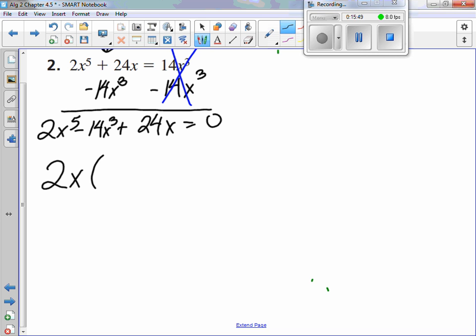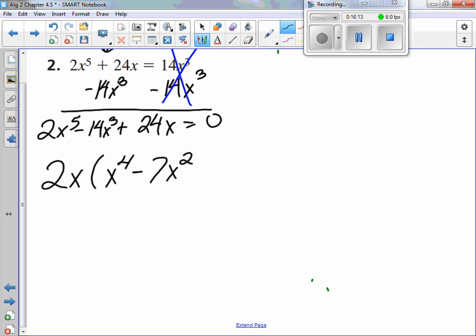Now, if we factor 2x out of 2x to the 5th, we get not 2, but it would just be x to the 4th. Because we can take 1x out of x to the 5th. And 2 divided by 2 would give us 1. Now, 2x out of negative 14x cubed, negative 7x squared.